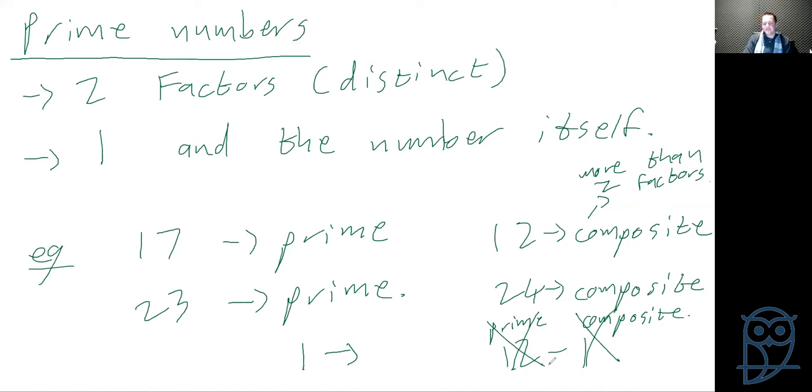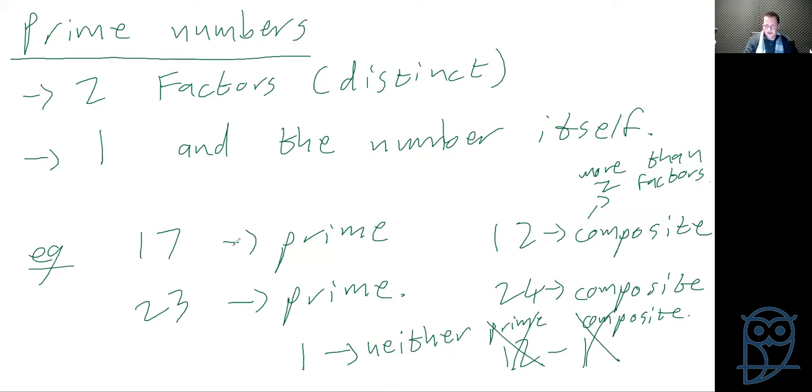All right. It turns out that 1 is neither prime nor composite. And you say, huh? What? Well, actually, the reason for that is because you need both of these conditions to be satisfied for it to be prime.